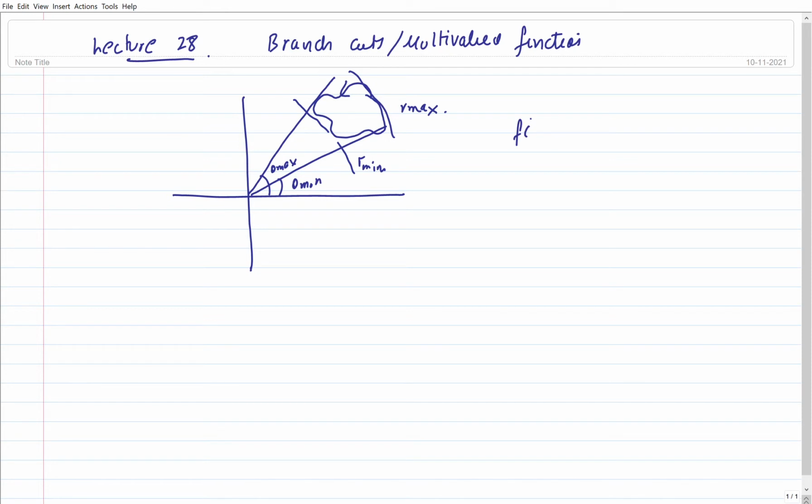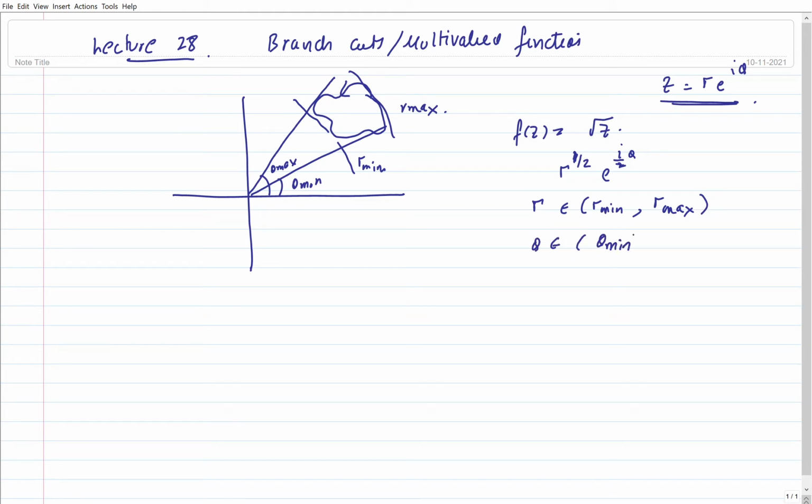We can consider a function f(z) equals the square root of z, which is r to the power of 1/2 e to the power of iota theta by 2, where z was r e to the iota theta in its polar form. So r is between r minimum and r maximum on this contour, and theta is also between theta minimum and theta maximum on this contour. So far it seems to be pretty okay.